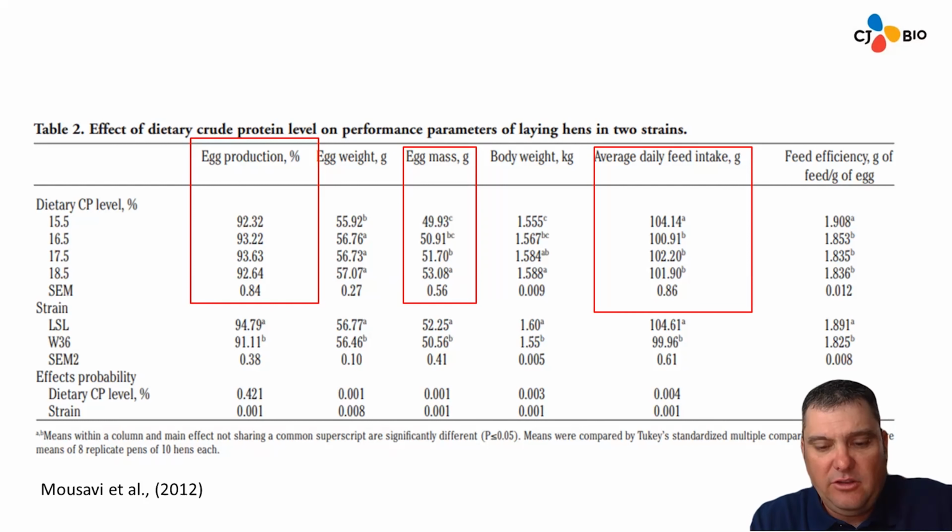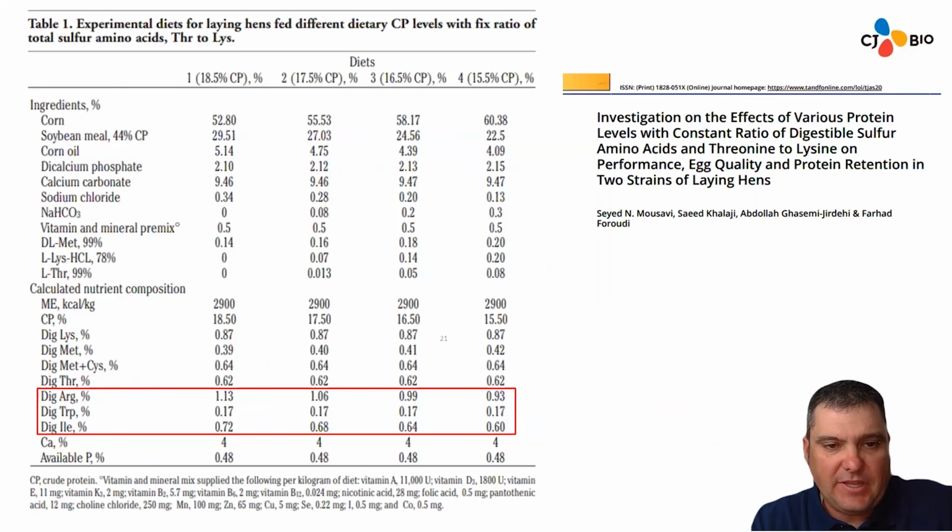Well, when you take a look at this paper and you look at the diets, I like to focus your attention to these bottom three that are boxed off. Here you look at arginine, tryptophan, and isoleucine, and as the authors reduced their crude protein while they maintained lysine, methionine, and threonine across the dietary treatments, these lower amino acids, they did not maintain the equivalent concentrations.